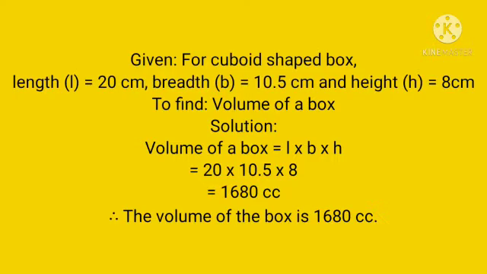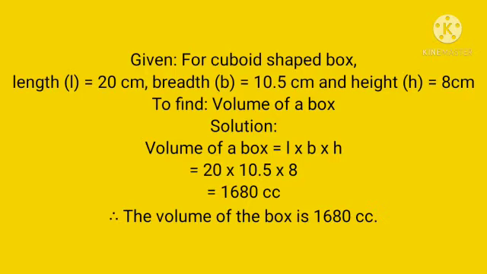Solution. As the box is of cuboid shape, so we will use the formula of volume of a cuboid. So volume of a box is equal to length multiplied by breadth multiplied by height. Let us substitute their values.